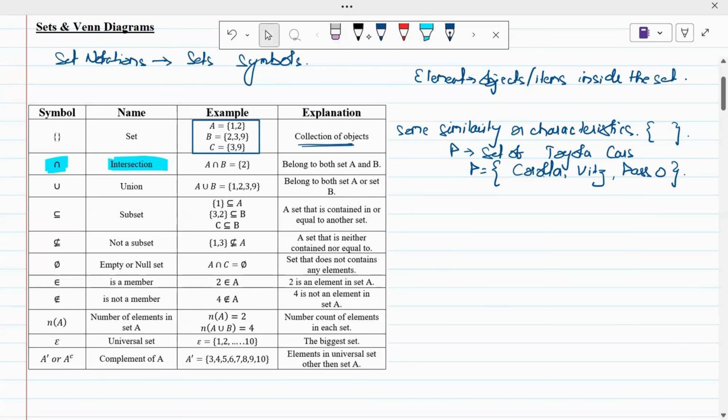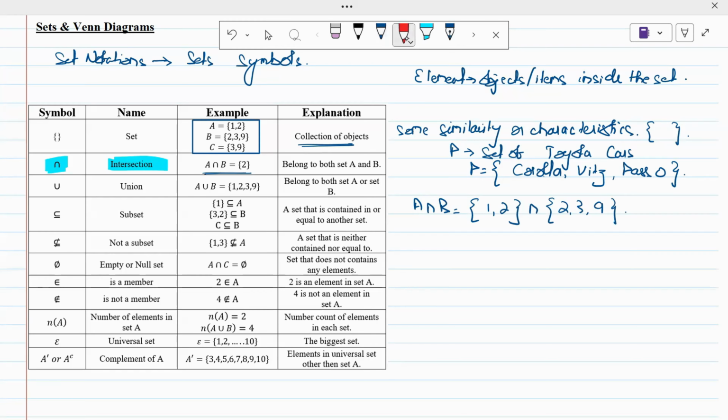If this is written as A intersection B, I have to look for the elements which are common in A and B. You first write down the elements of set A, which is 1, 2, intersection in between, and then the elements of B, which is 2, 3, 9.